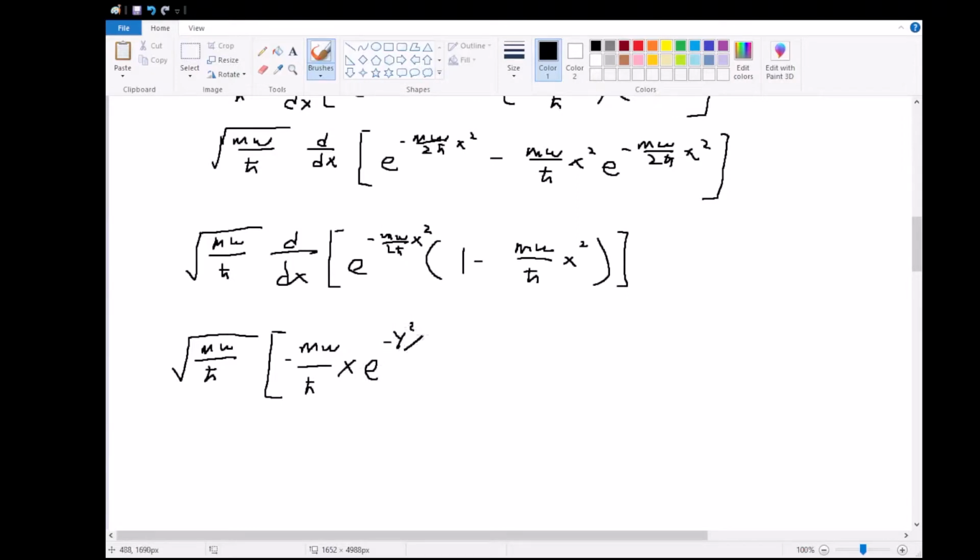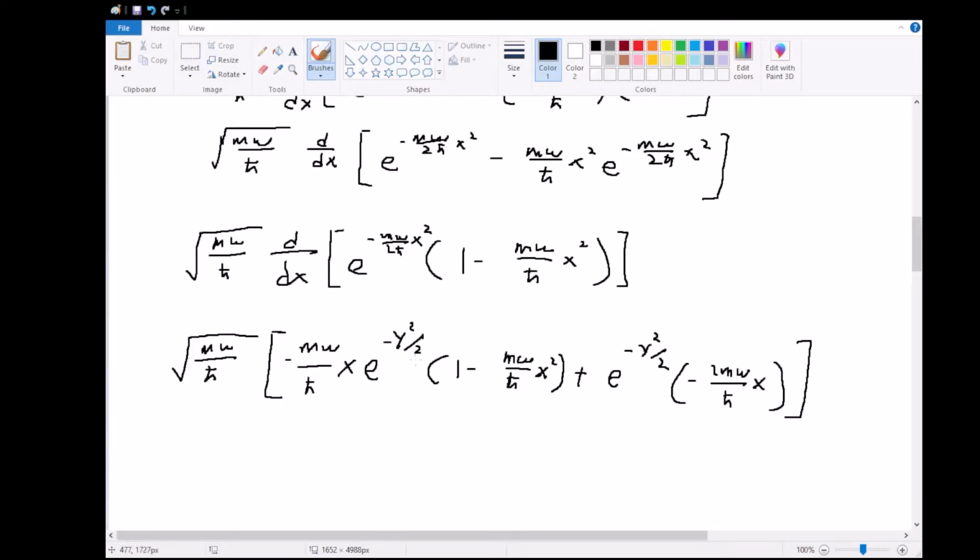So e to the negative y squared over 2 times 1 minus m omega over h bar times x squared. And we're adding this with e to the negative y squared over 2, and then this time taking the derivative of the other side. So 1 goes to 0, and then we have negative 2m omega over h bar times x.